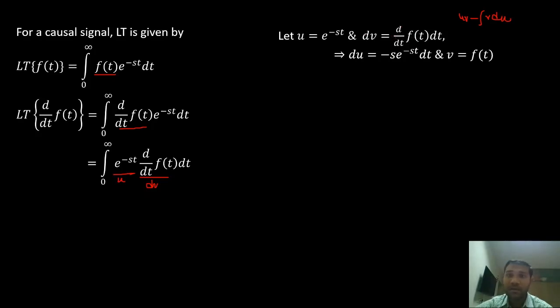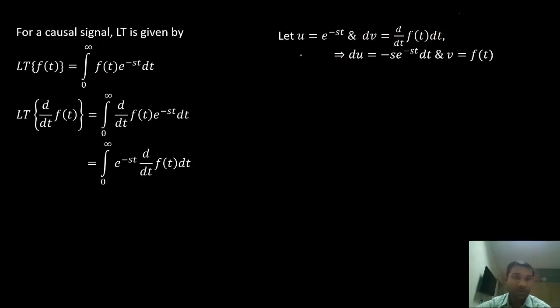So integral of dv is going to be integral of this thing. So integral and differentiation will get cancelled. I have v is equal to f of t. So all these things will get cancelled. So I have du and v.